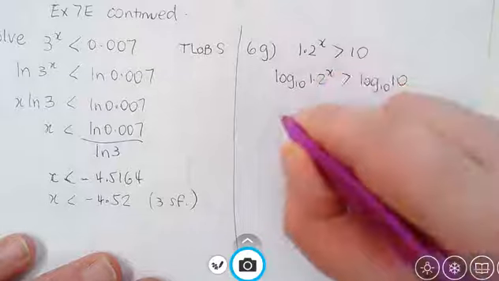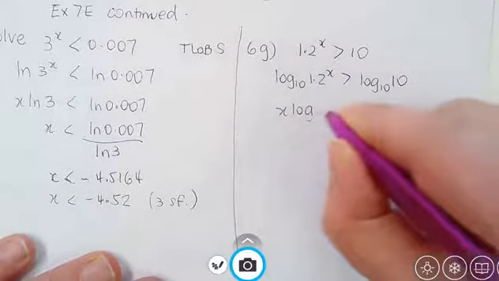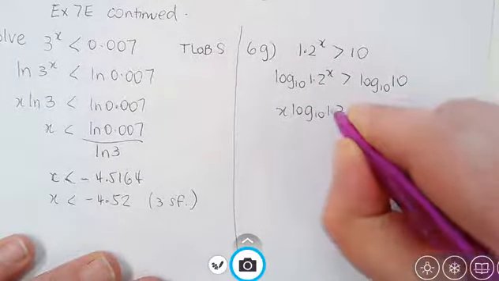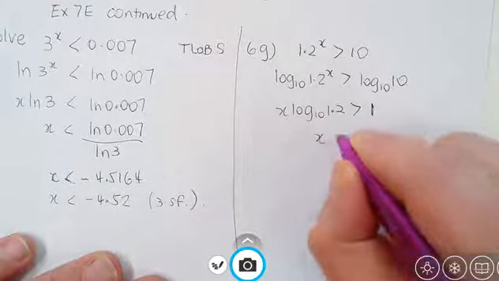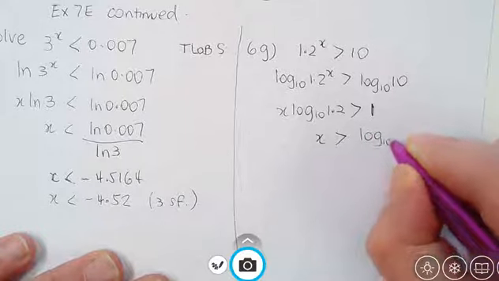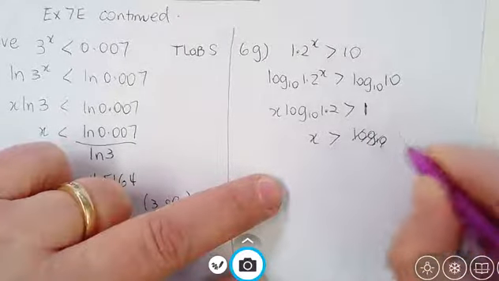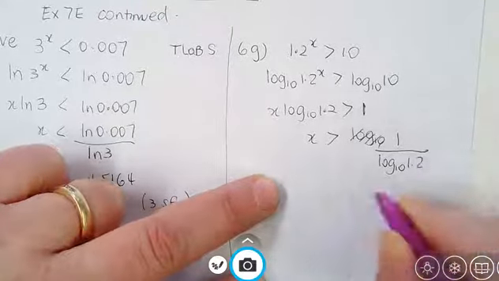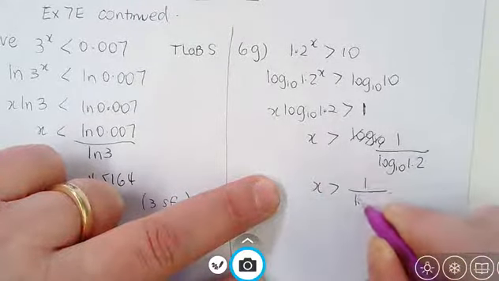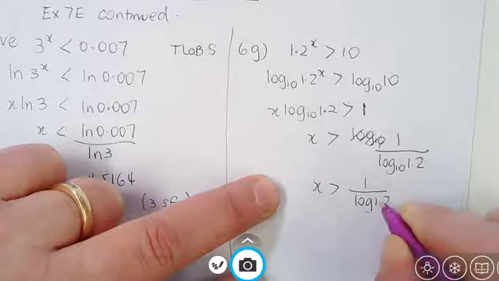So remember, this x comes to the front, so it's x times log to the base 10 of 1.2 is greater than, now log to the base 10 of 10 is 1. So x is greater than 1 divided by log to the base 10 of 1.2. Now on your calculator, that is just the log button.